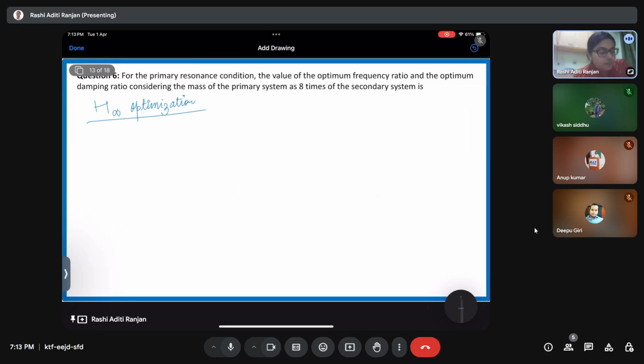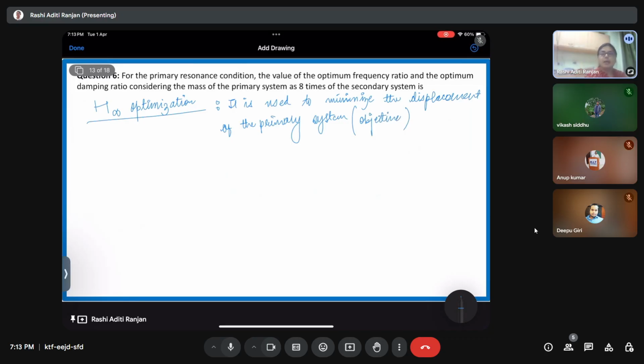So the H infinity optimization is used to minimize the displacement of the primary system. Essentially this is my objective, to reduce the displacement of my primary system.